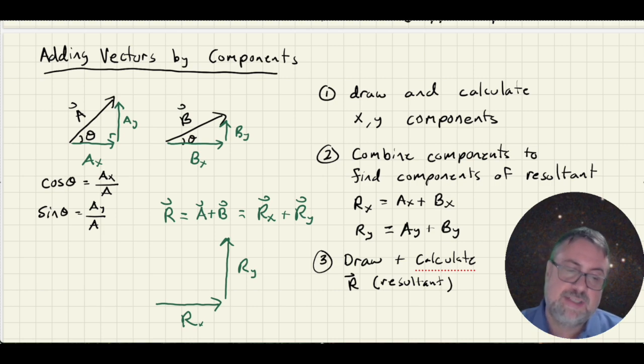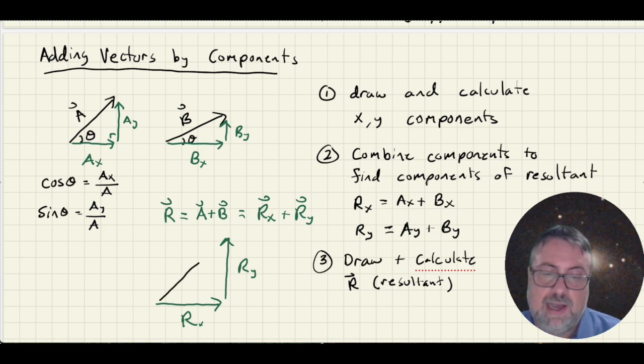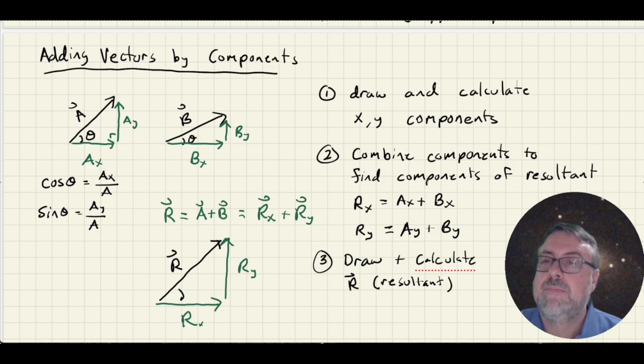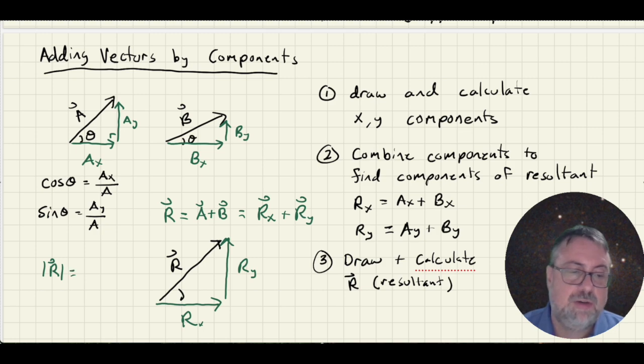And I can draw the result by going from the start of the x vector to the end of the y vector. The size of R is going to be equal to the square root of the x part squared plus the y part squared.